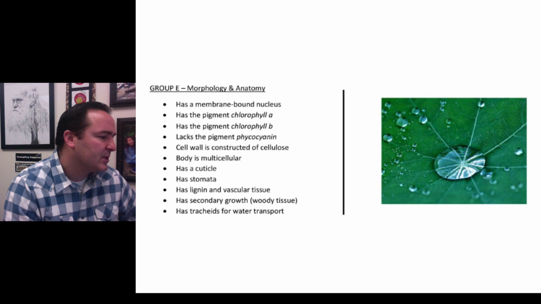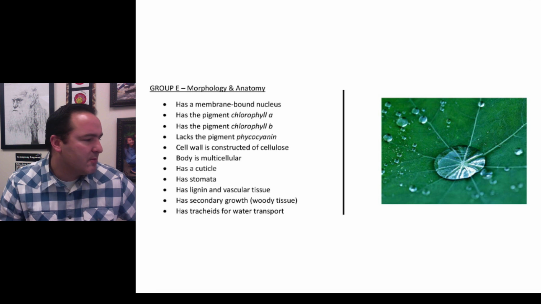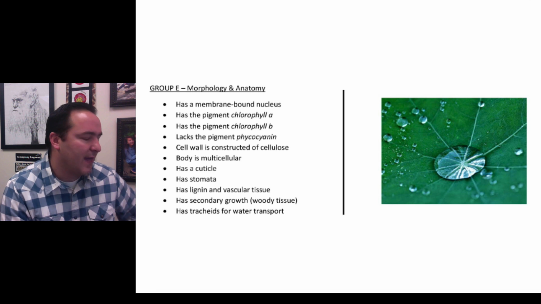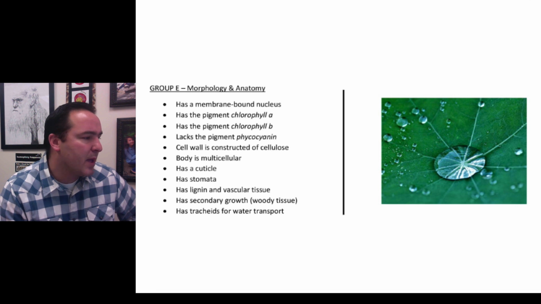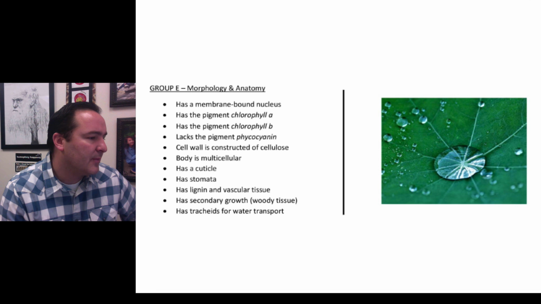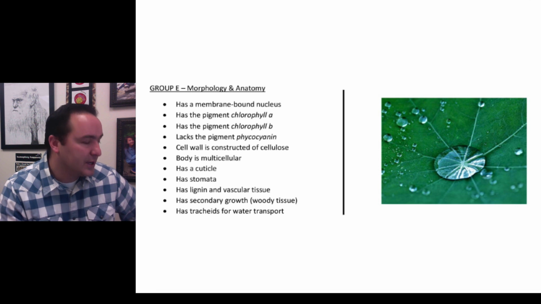Group E shares many similarities with Group A. Therefore, we would assume many of the same conclusions about that group apply to this group. The key difference in anatomy from Group A is that this group lacks the vessels for conduction of water and other things, mostly water.